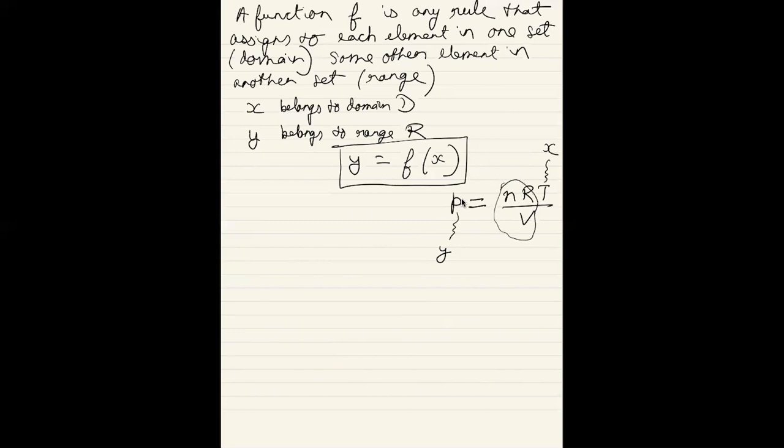So given a specific value of the temperature, this multiplication by nR divided by V is a map that gives you the corresponding value of the pressure. So that's an example in physical chemistry, but let's look at more basic examples as to what does it mean.